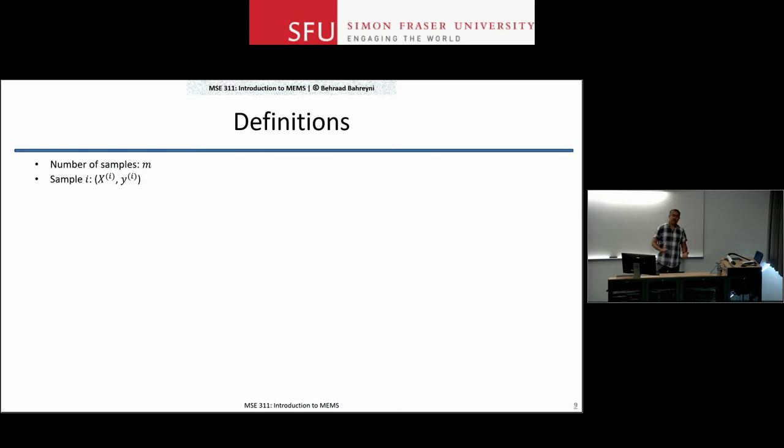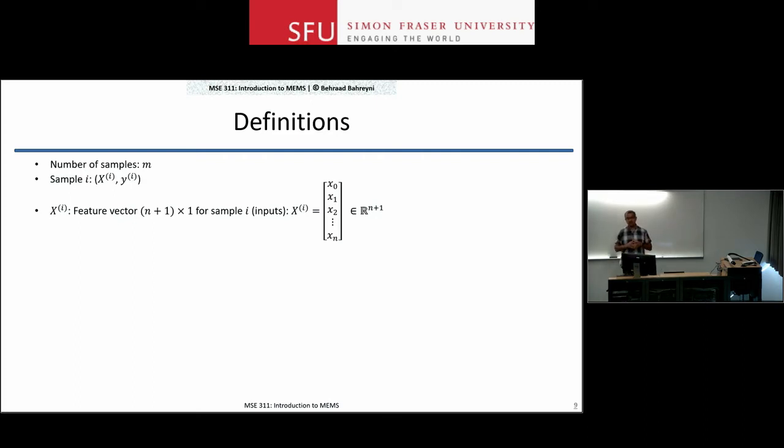And the vector xi that contains all the input to your algorithm, it's usually features. It's not raw data. It is features that you have calculated from the raw data. You have n features that you extract from that data or a portion of the raw data that you have. And usually we add a first element at the very top of this vector, x naught, whose value is just 1.